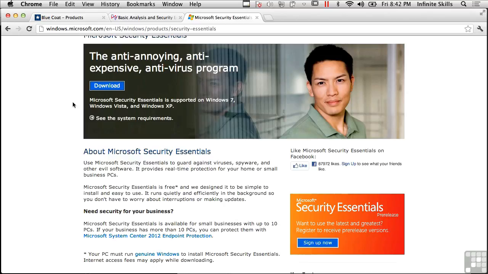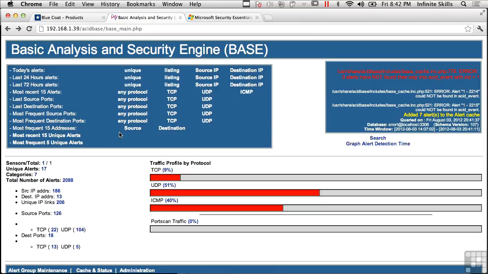Another way of doing detection of malware is using something called intrusion detection. Now, intrusion detection can be either host-based or network-based. When we're talking about host-based, we could be talking about programs that check the signatures of files.